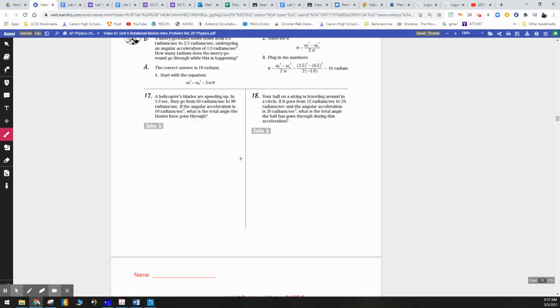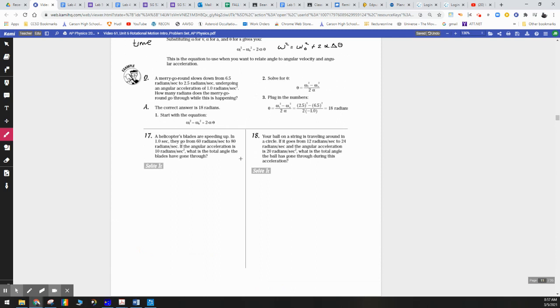We have number 17. I'll do number 17, and you guys do 18. Number 17: a helicopter's blades are speeding up, so that means it's accelerating. In 1 second, they go from 60 radians per second to 80 radians per second.